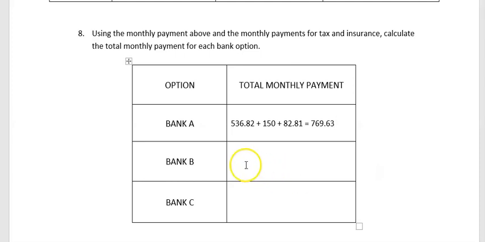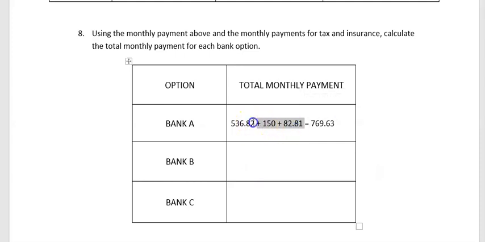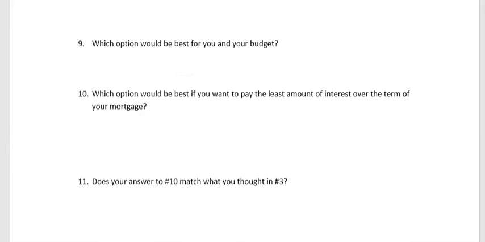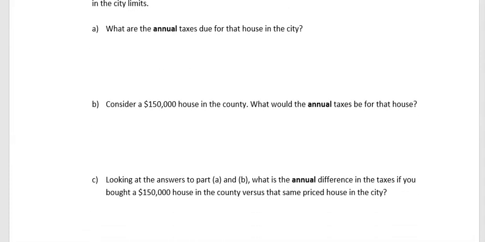So for the other ones, these values will stay the same. Your monthly insurance and taxes will stay the same, but your monthly mortgage payment will change for each of the banks because they have different rates and terms. The last question down here kind of just looks at taxes.